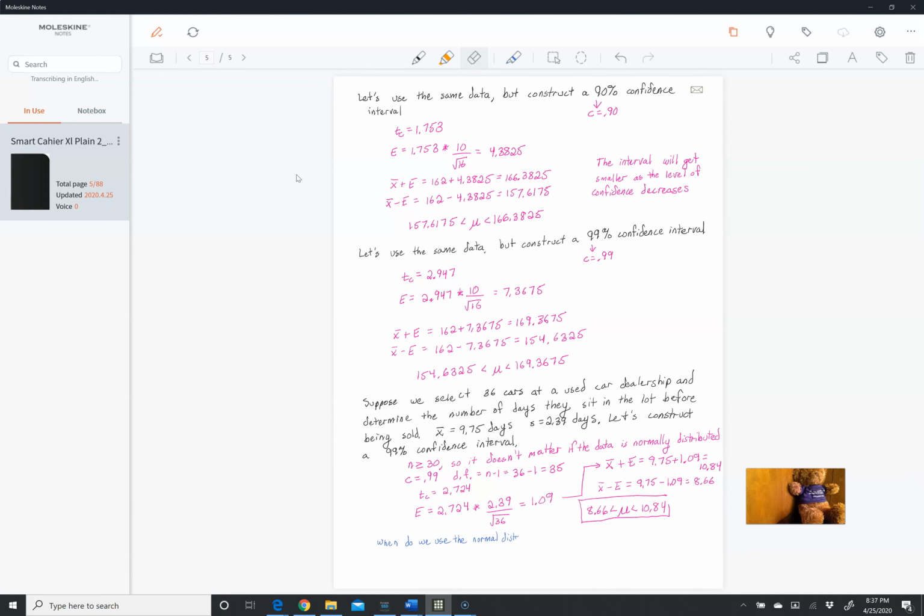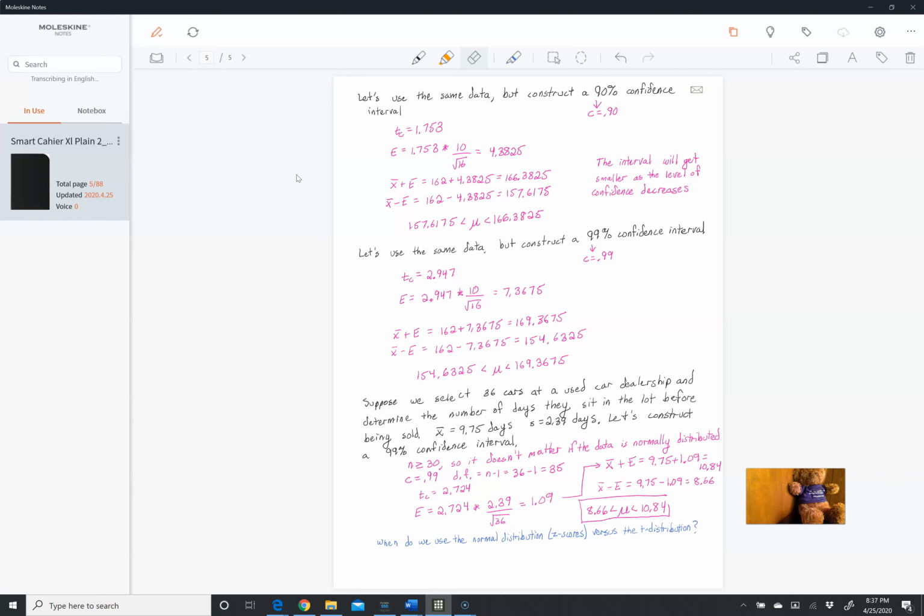When we say normal distribution, what we're saying is, when do we use the z-scores versus the t-distribution, which is clearly t-values.